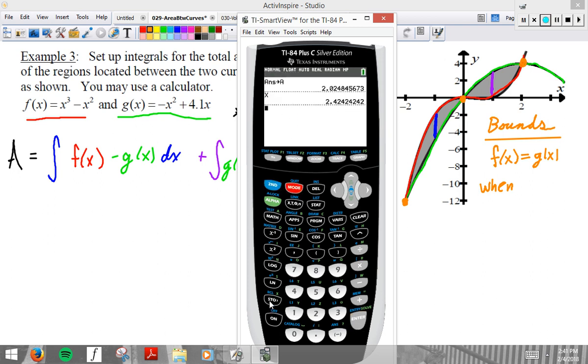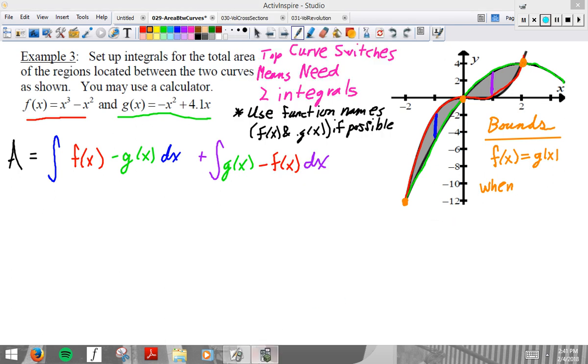I want to make sure we store it, this one into B. So we can write when X equals -2.025, 0 and positive 2.025. I left off 0.